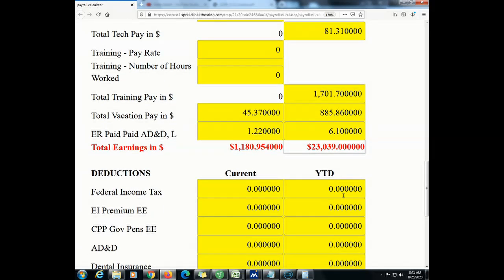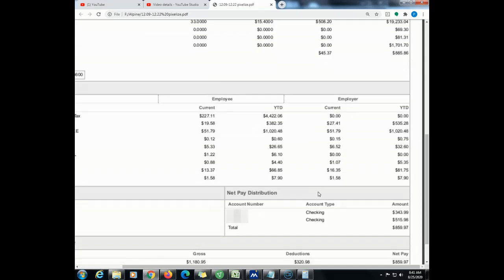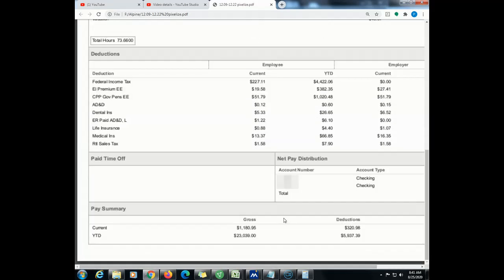Notice this calculator figures out your total earnings, which comes about $1,180.95, and your YTD figure for your total earnings. So your gross earnings up to this day is $23,039. You can check both these figures on your pay stub under pay summary.